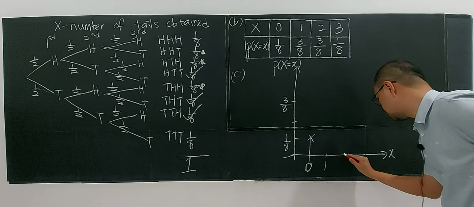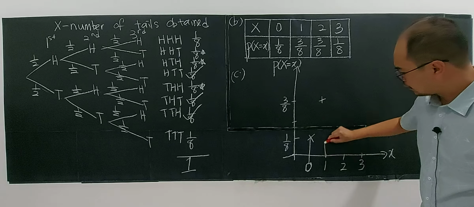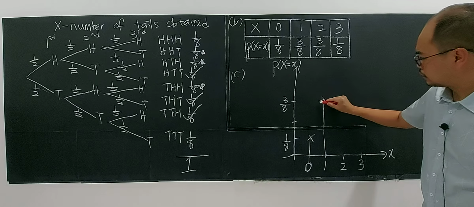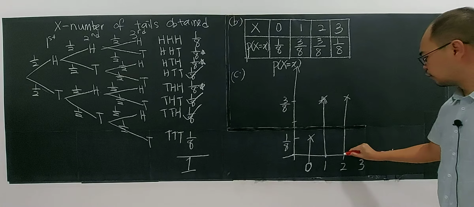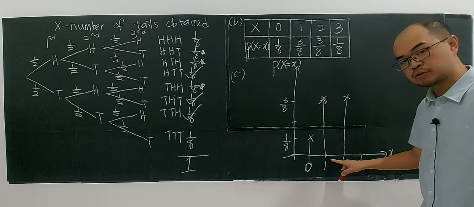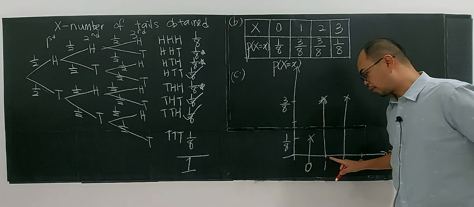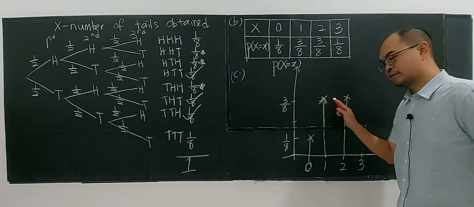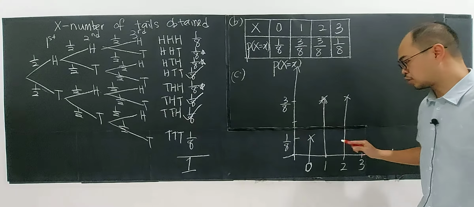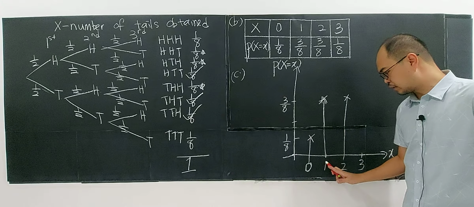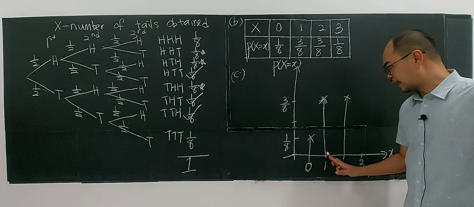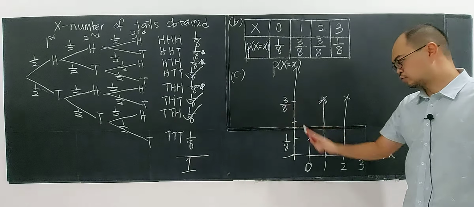At 1, you are getting 3 over 8. Can you see that? 3 over 8, and 2 also 3 over 8. It will be a vertical line. There is no probability between these. You cannot join here because this is not a continuous random variable. This is discrete. Only at this particular point, P(X=1), there is a probability of 3 over 8.